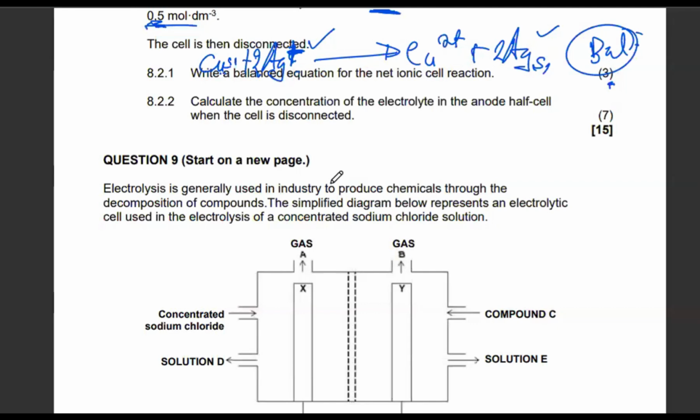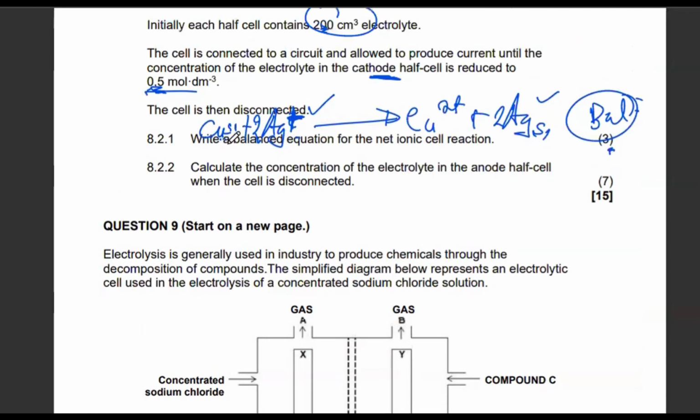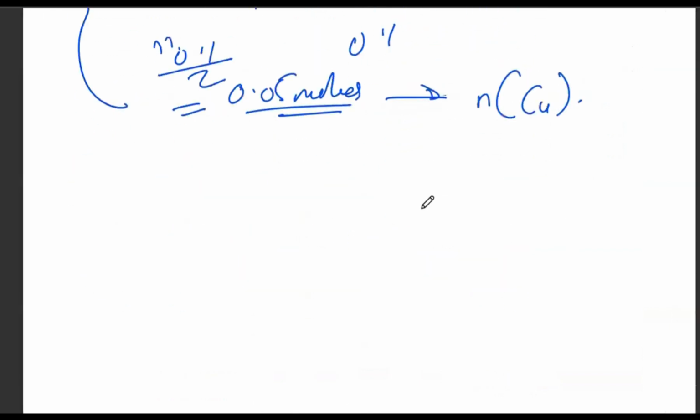You understand? The number of moles of copper that reacted is equal to the number of moles of copper that was released. Why am I saying like that? Because copper to copper, one copper, one copper. So it's the same thing.